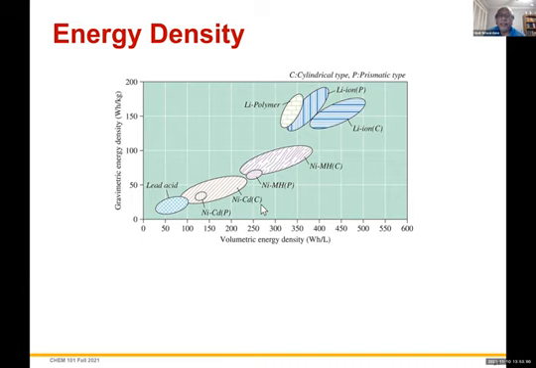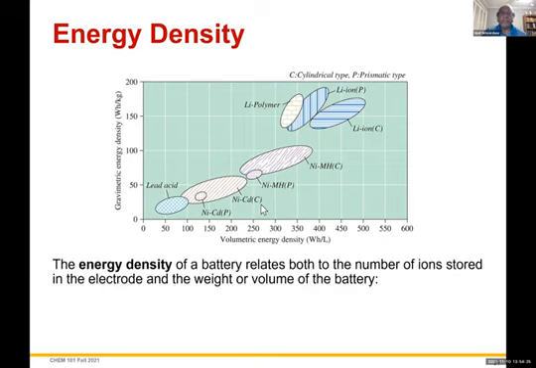The nickel metal hydride are used in Prius, but it doesn't have high energy density. So it is good in hybrid cars, but electrical vehicles cannot be made from nickel metal hydride batteries. Electrical vehicles are ones that are not hybrid. Electrical vehicles use only battery power.